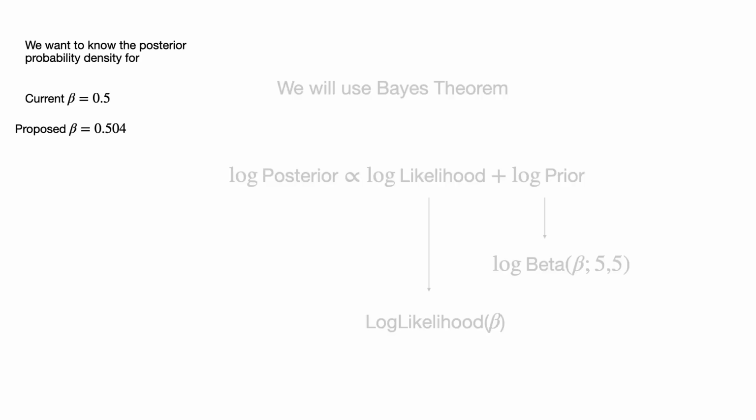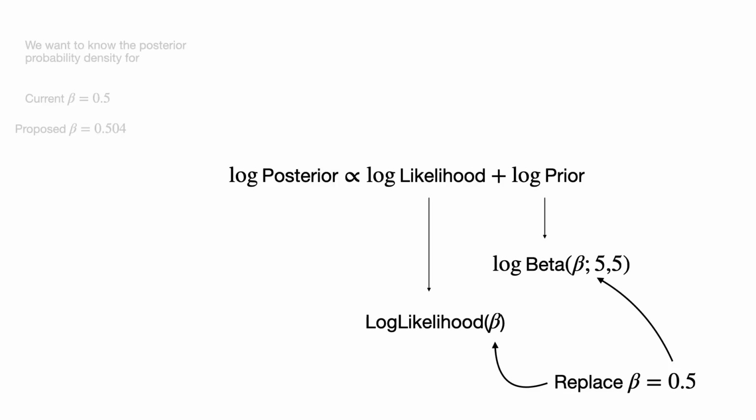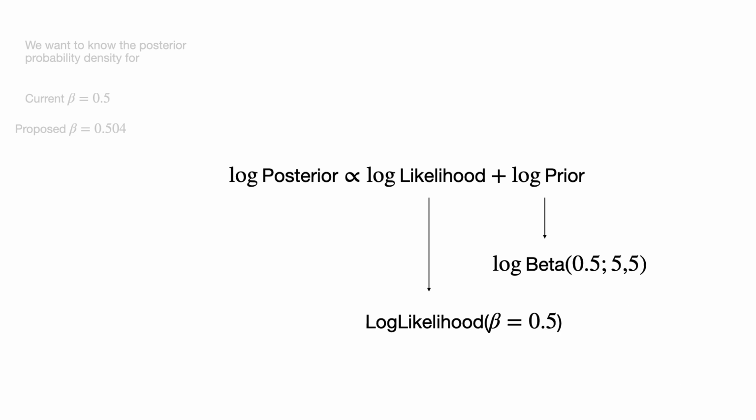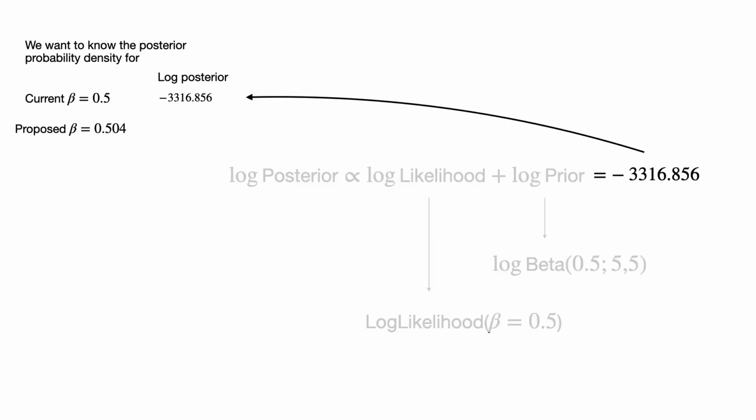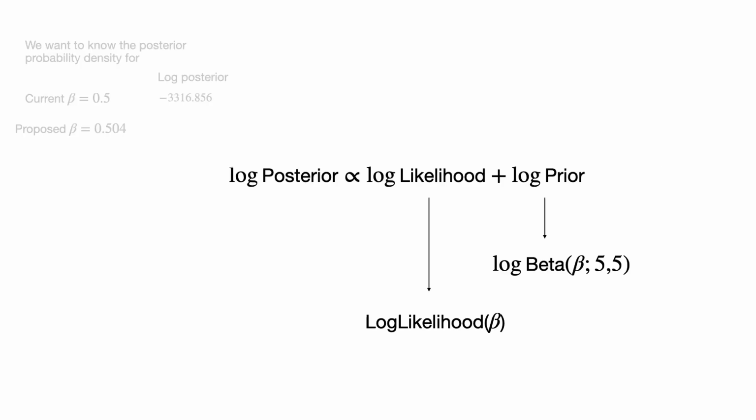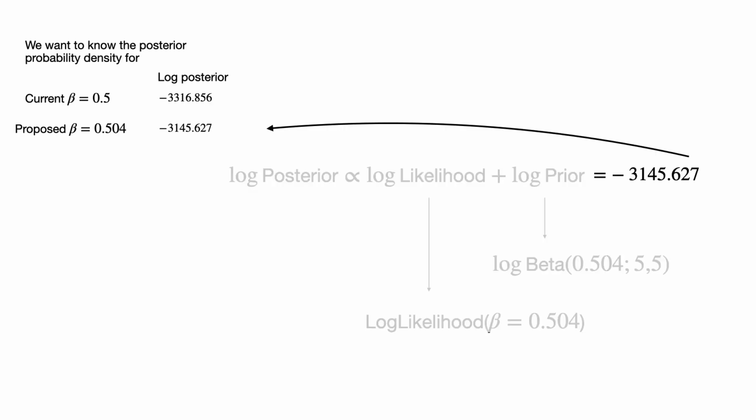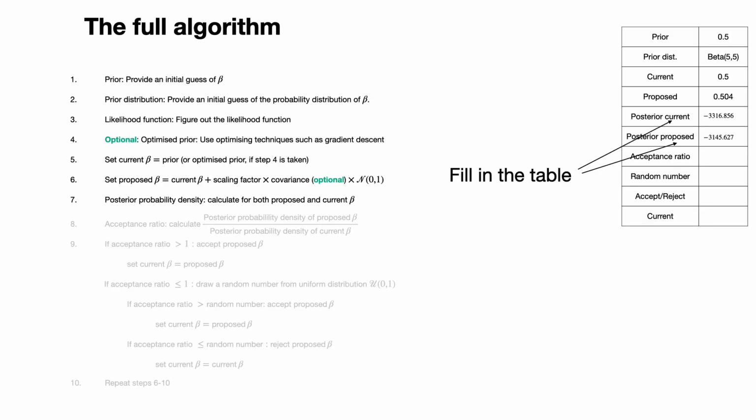Now we want to calculate the posterior probability density for current beta and proposed beta. So we will just replace the values into the formula. So here are our log posterior densities for current beta and proposed beta.